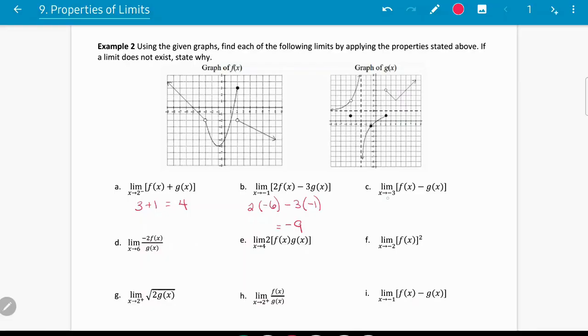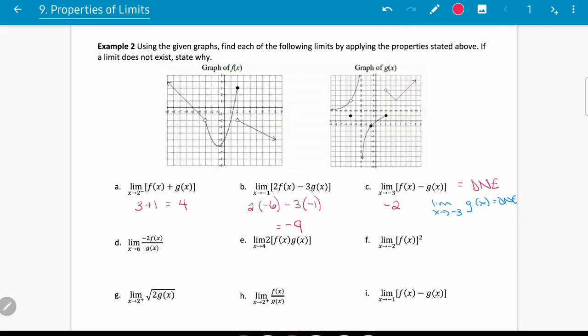For C, the limit as x approaches -3 of f of x is -2, minus the limit as x approaches -3 of g of x, and that does not exist, and so this limit does not exist, because the limit as x approaches -3 of g of x does not exist.